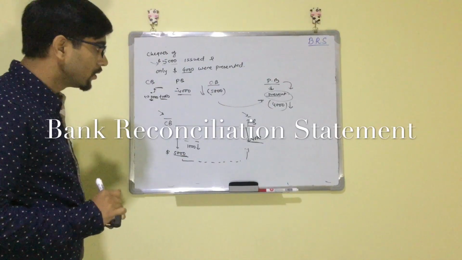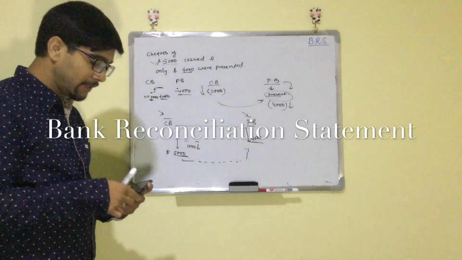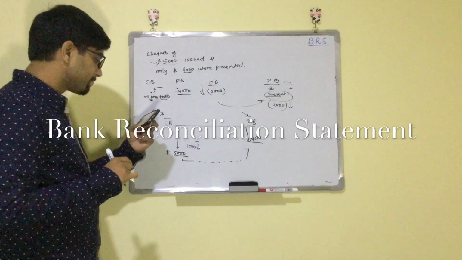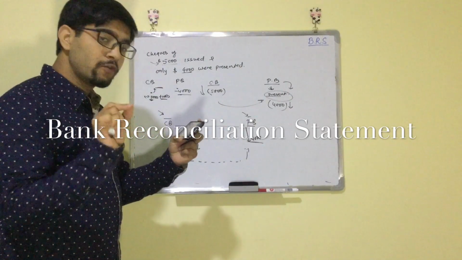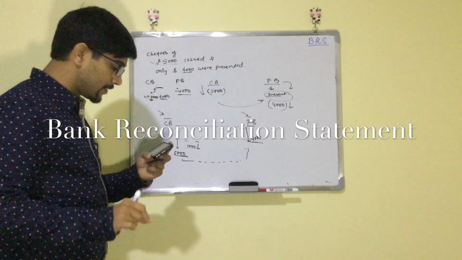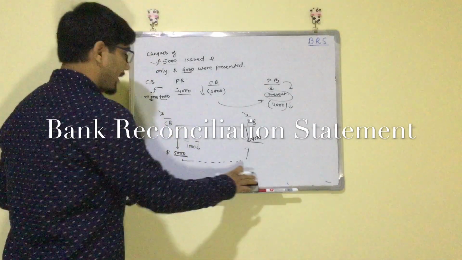So, now moving to the next, I hope you understand this, moving to the next adjustment. Next adjustment is check worth $1,400 deposited in bank on 28th December but has not yet been credited by bank.